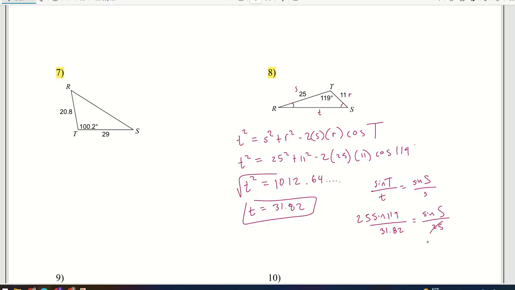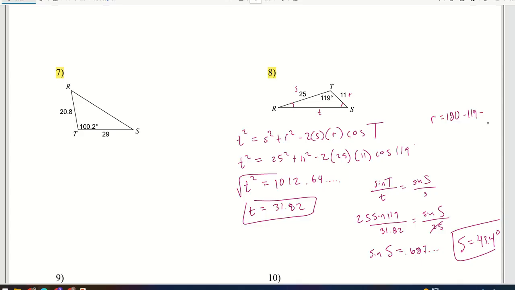Multiply both sides by 25, and we get sine of S equals 25 sine of 119 divided by 31.82. We get 0.687, and then we just do inverse sine of that, and we get S is equal to 43.4 degrees.